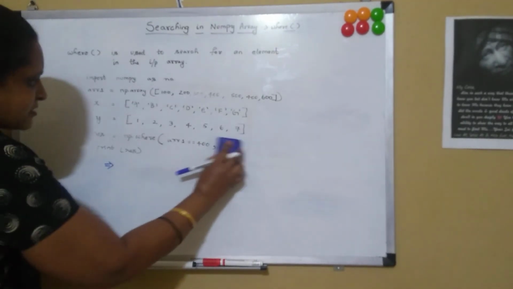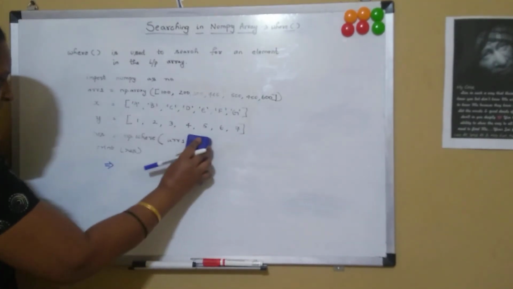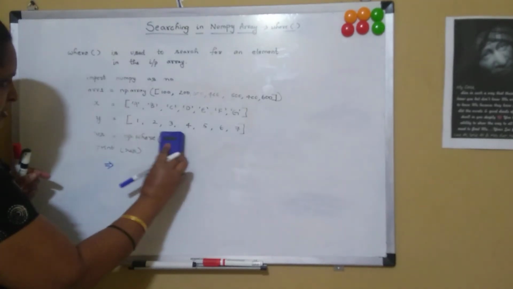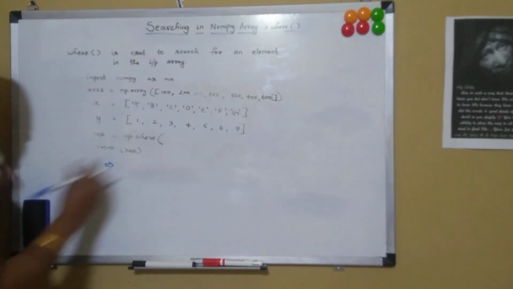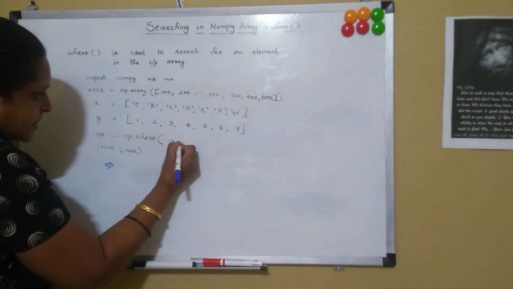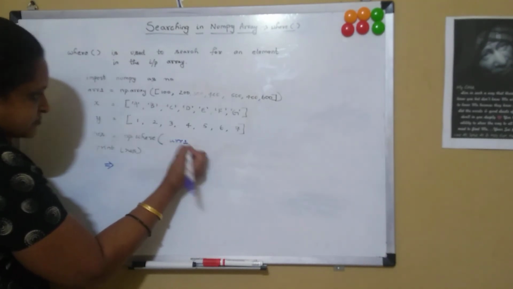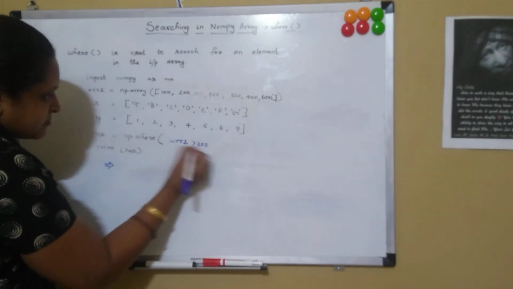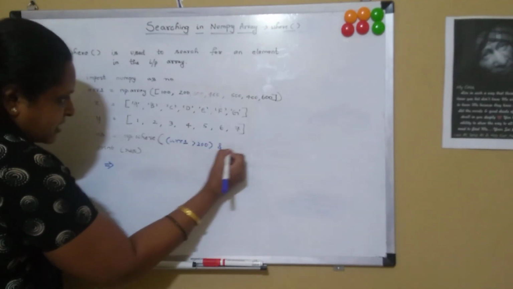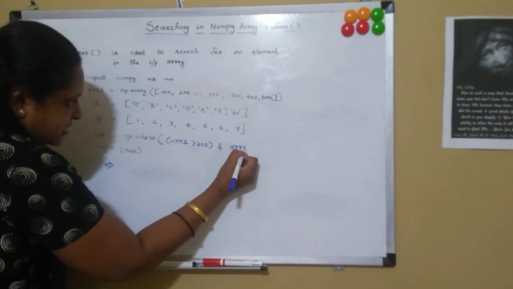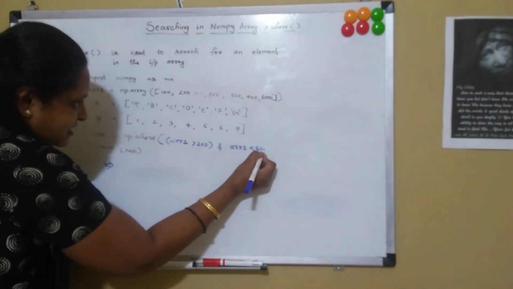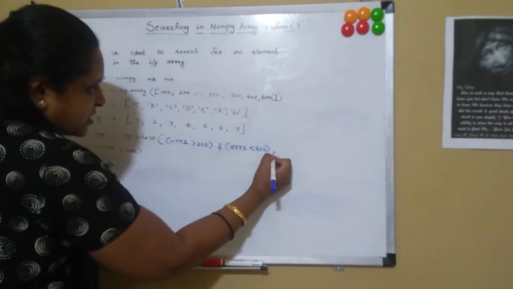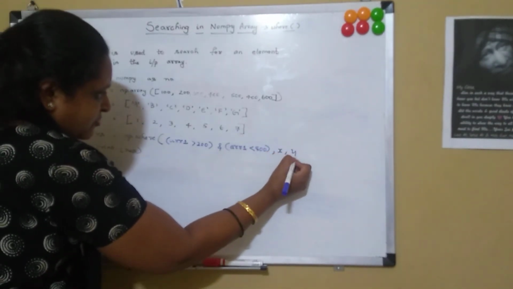Now let's give a multiple condition over here. So the condition is array 1 greater than 200 and array 1 less than 500, comma x, comma y.